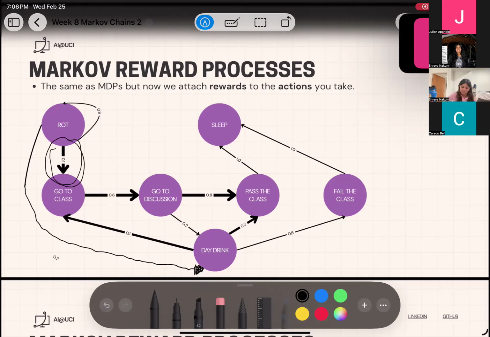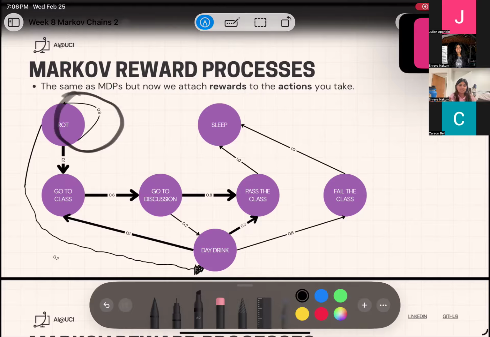Not this action, we don't want to do that. We can attach a large reward to something like rotting. We can say rotting should have a reward of like 10. Rotting to day drinking should have a reward of like 5. Rotting to going to class should have a negative reward because that is not what we want to do. And drinking to passing the class should have a reward of 10.